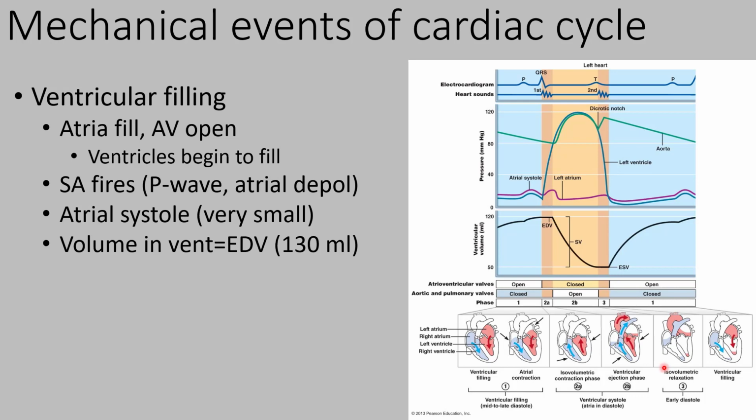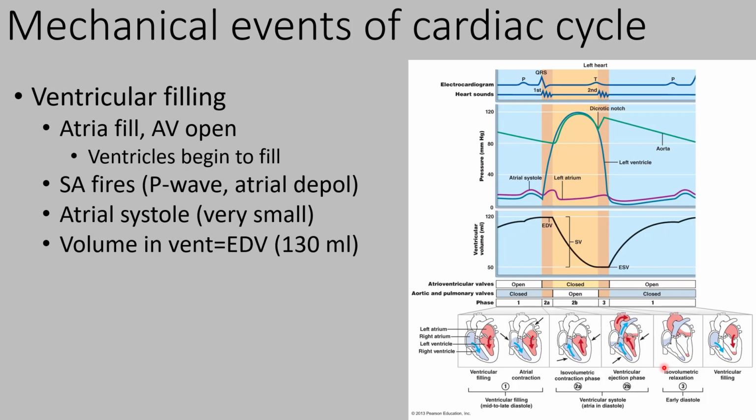So what happens during the period of ventricular filling? Well, blood is coming back to the heart from the lungs or from the body, and the atria are filling with blood, so the pressure inside the atria is rising.